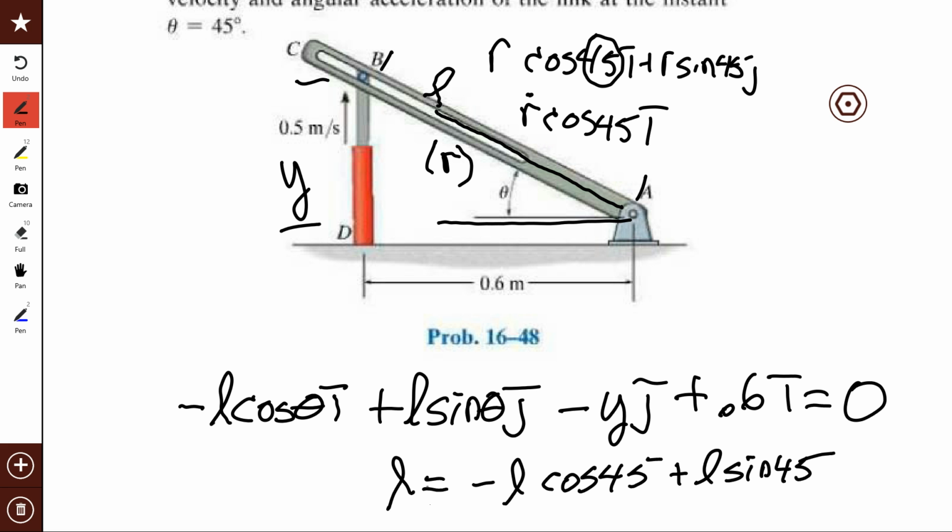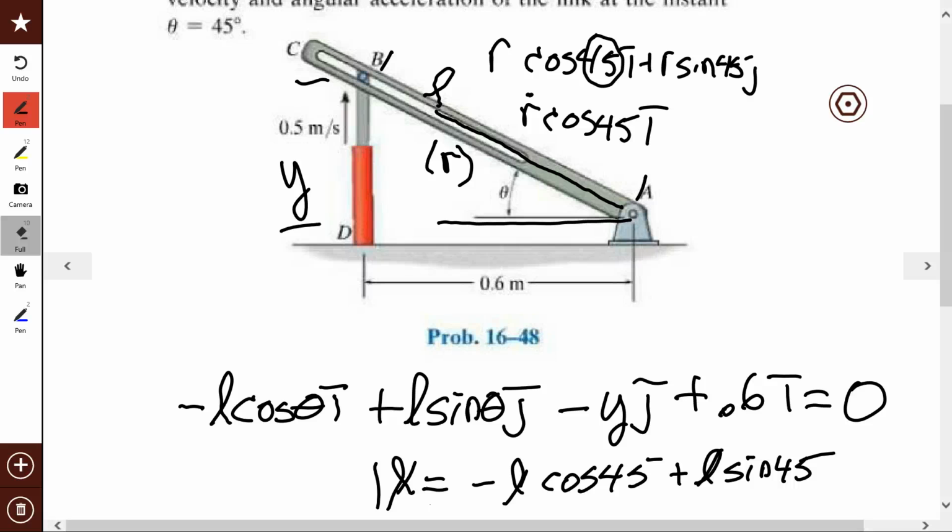Divide through by the L. Boom, 1. Is that true? Sine of 45 minus cosine 45 equals 1. Is that true? I don't know where you got it, but it is not true. But do you see what I did? Does it make sense?